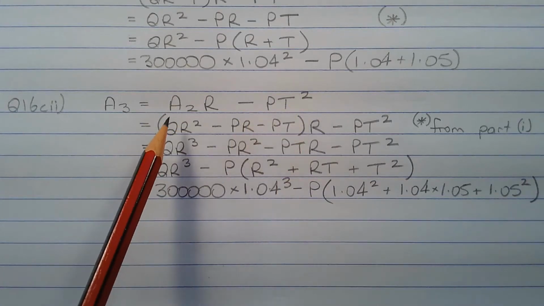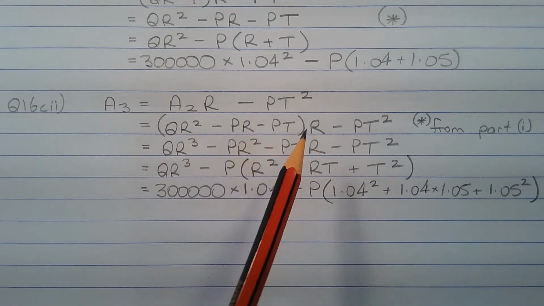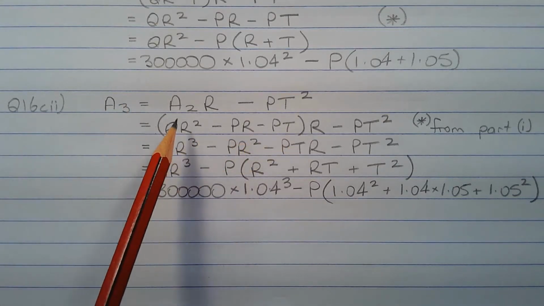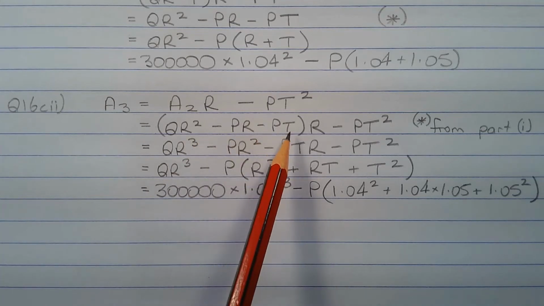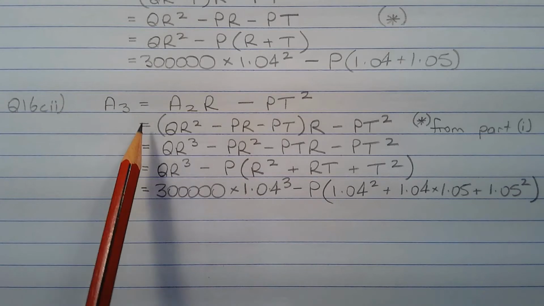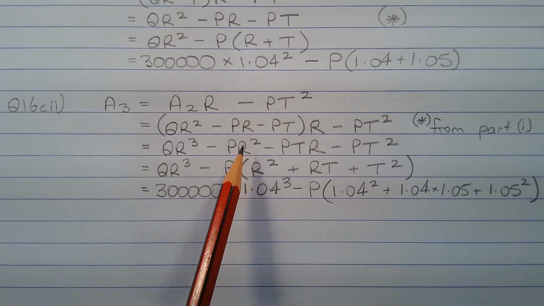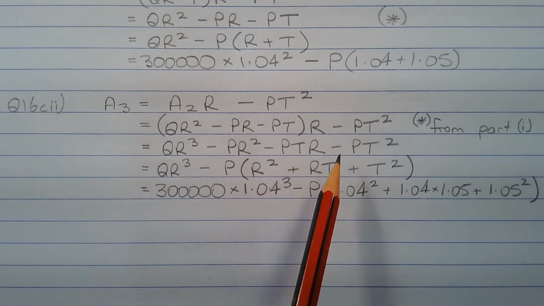Now from part 1, A2 is equal to QR squared minus PR minus PT. So A3 is equal to (QR squared minus PR minus PT) times R, minus PT squared. Expanding the brackets, we get A3 is equal to QR cubed minus PR squared minus PTR minus PT squared.